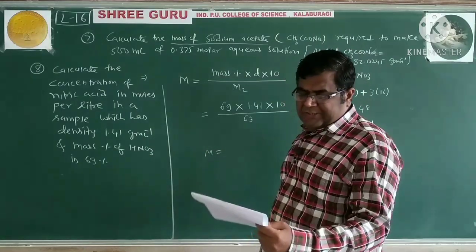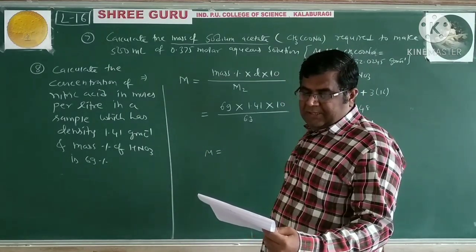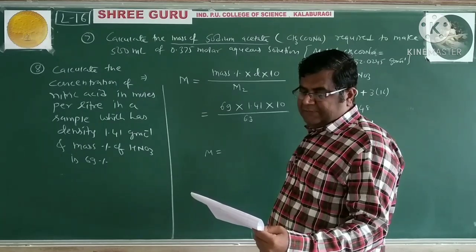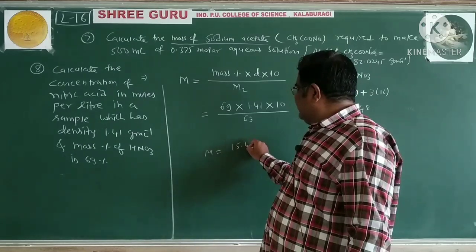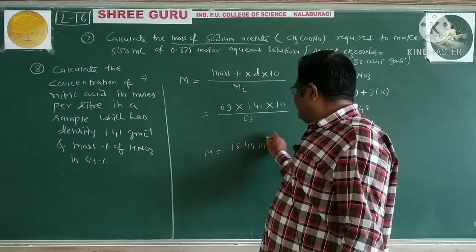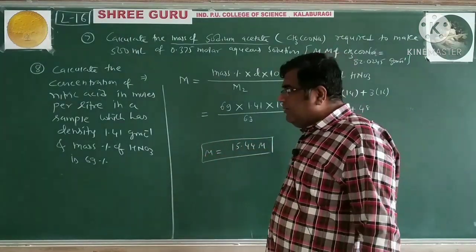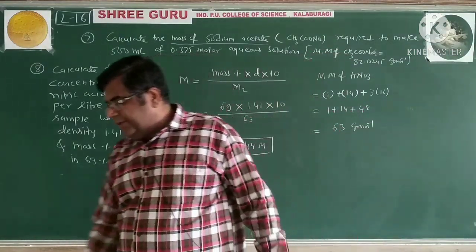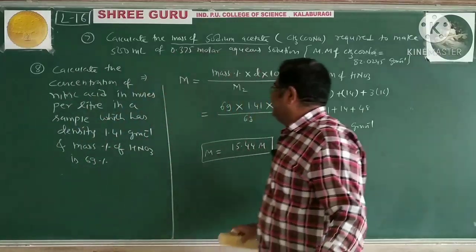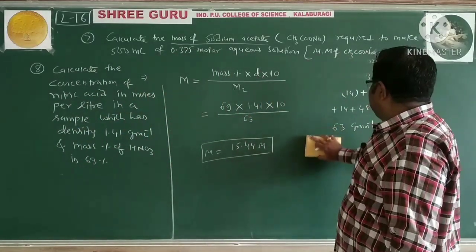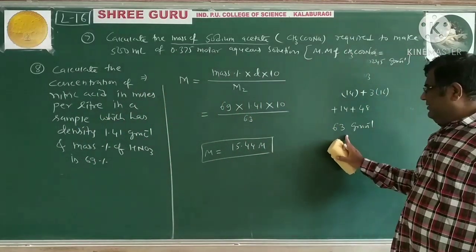And what answer we have? We have here answer as 15.44 capital M, mole per liter. You can write for this capital M. So this is 63, I think already we have written.